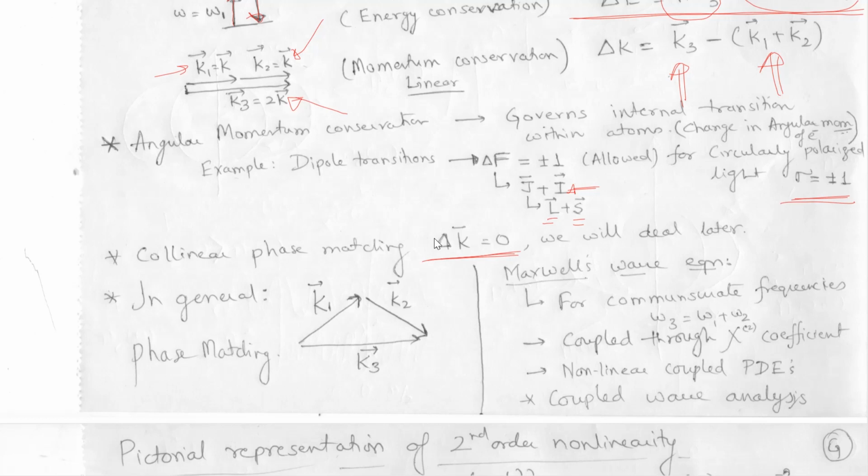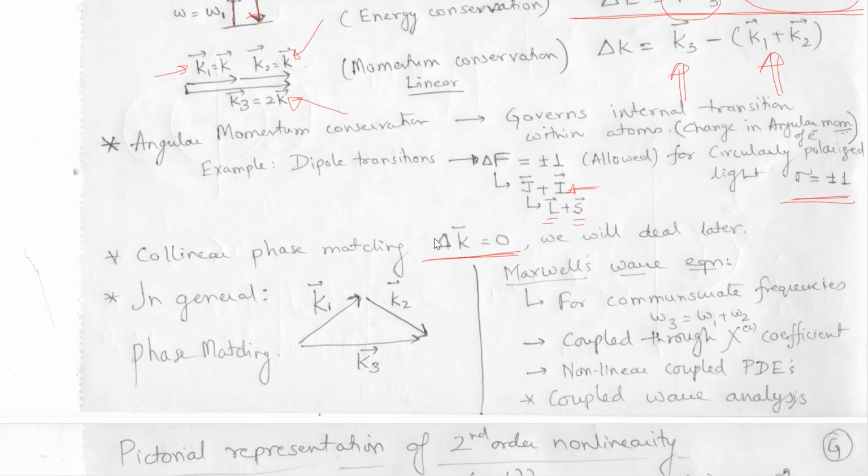Now, if you quickly recall, in my previous lecture I had already told you that this matching basically boils down to matching of the refractive indices at 2 omega and at omega. And we will see how that is done. I'll give you one example of collinear phase matching, and that will probably shed more clarity on this idea.